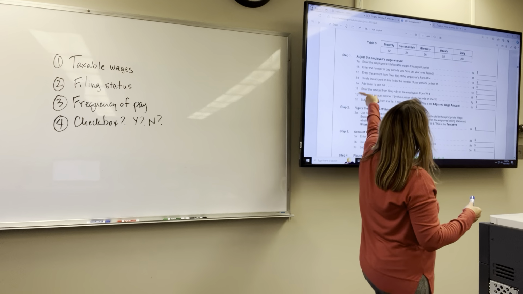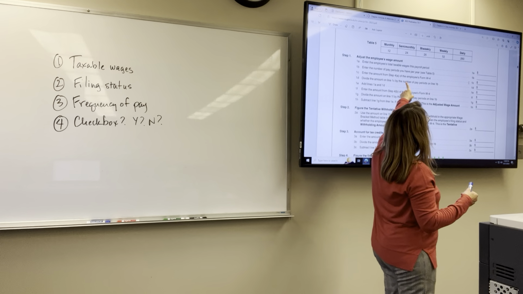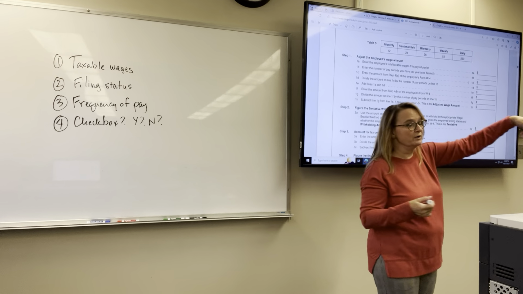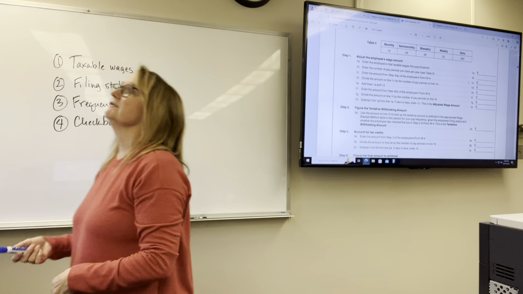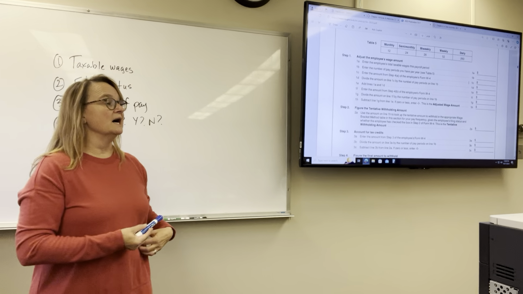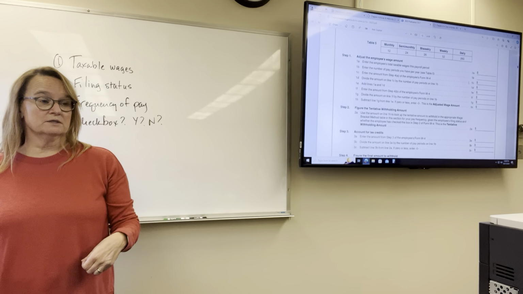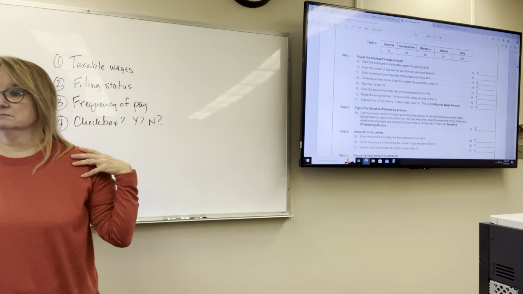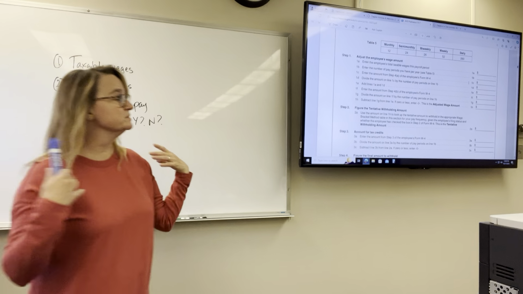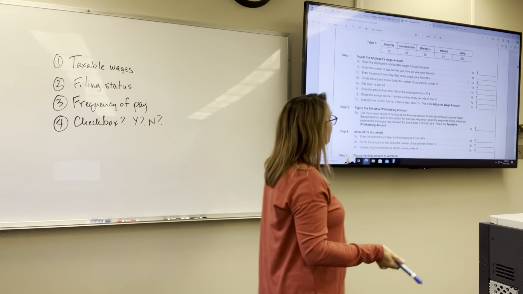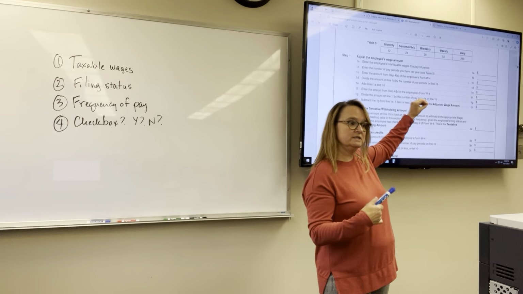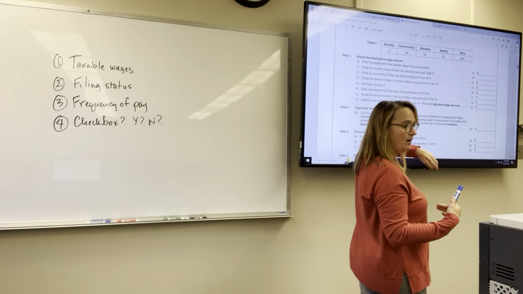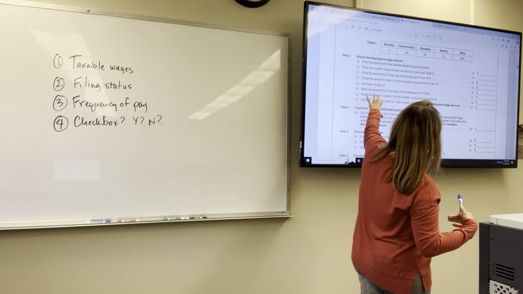Enter the amount from step 4A of the employee's form W-4. Step 4A, if I recall, was additional income that they want taxed. If there was something in step 4A, you would use this worksheet to help calculate how much withholding you're going to apply.